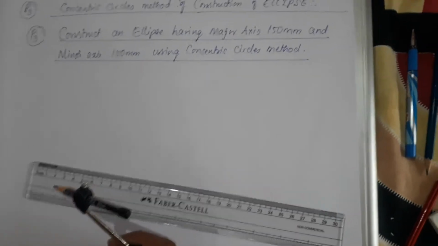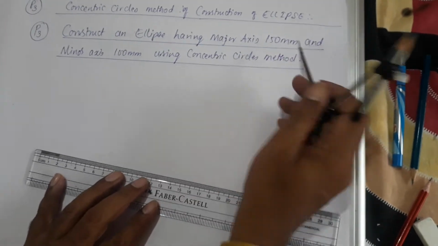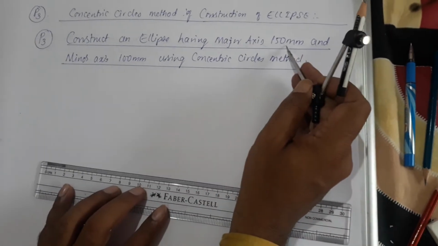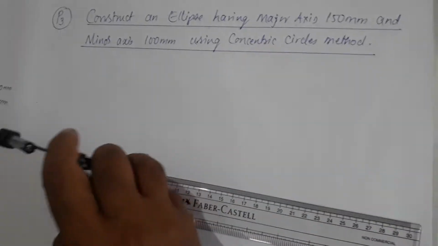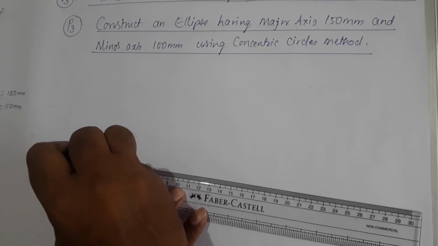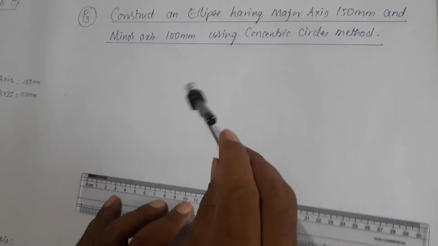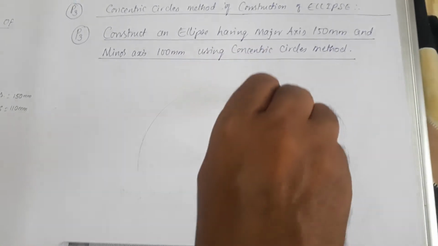Now first construct a circle of diameter 150 mm. If the diameter is 150 mm, the radius should be 75 mm. So take a radius of 75 mm and construct a circle.